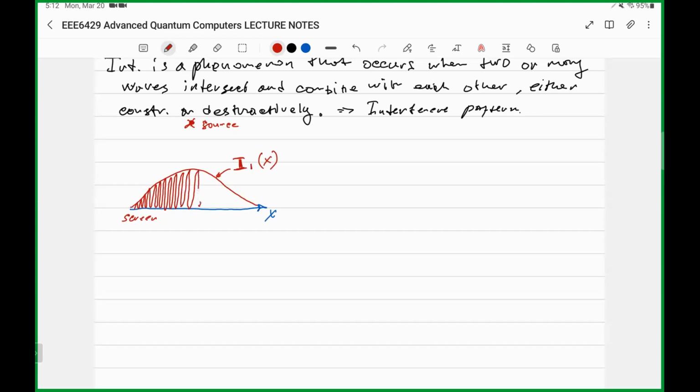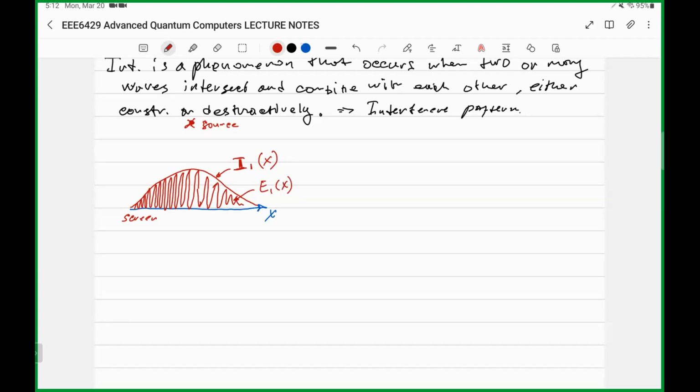So the electric field will be distributed something like this, and it would be the electric field of the first source as a function of x.